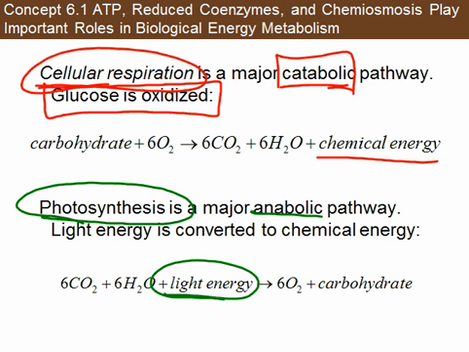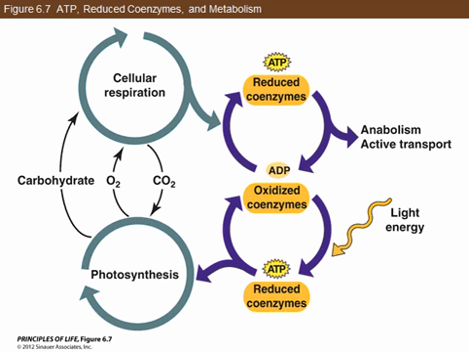Okay, so here's how they all come together. We'll start over here with the light. Light comes in and provides energy to reduce certain coenzymes, and it's also going to produce some ATP. That process then leads to photosynthesis, where we have the production of carbohydrates.